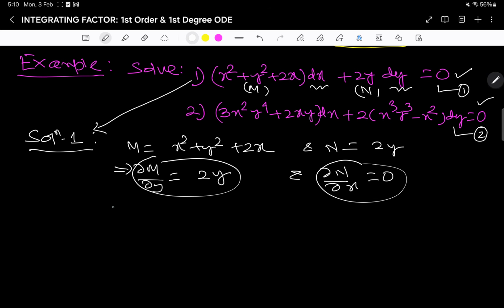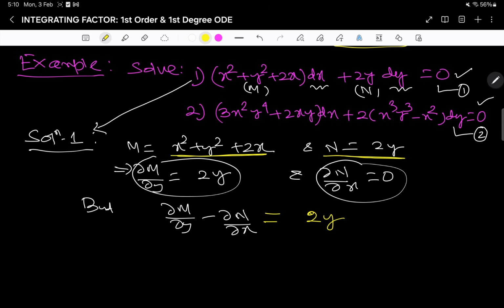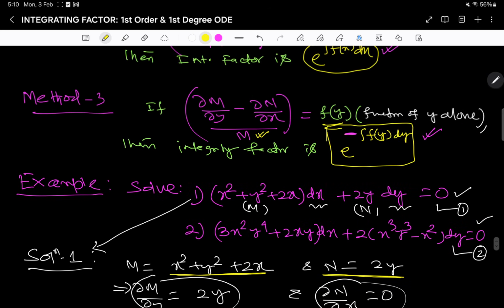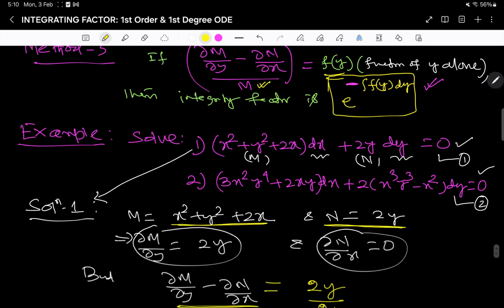However, del M by del y minus del N by del x, if you subtract it, is 2y. Now you see, the division by M will give a better answer, or the division by N will give a better answer. So of course the division by N will give a better answer.